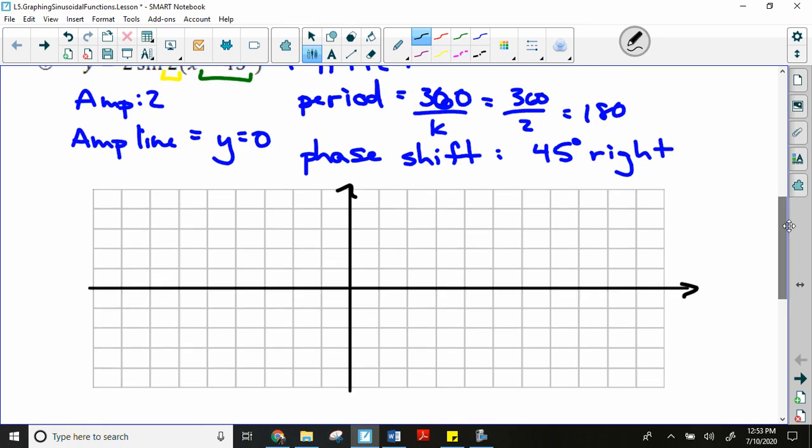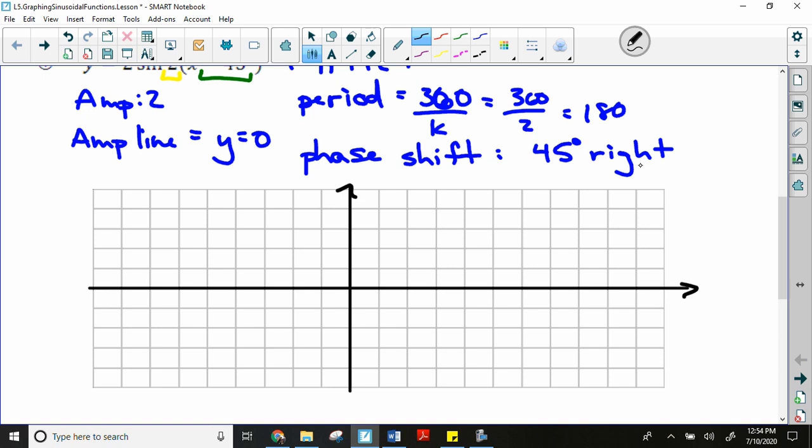Let's start breaking it up. I have to do 4 sections that give us a total of 180. So 180 divided by 2 is 90, divided by 2 is 45, perfect. The fact that 45 is a factor of 180 is nice, because I've got a phase shift.